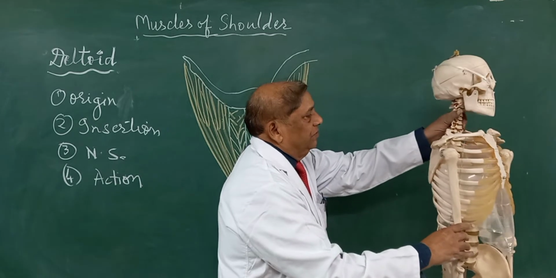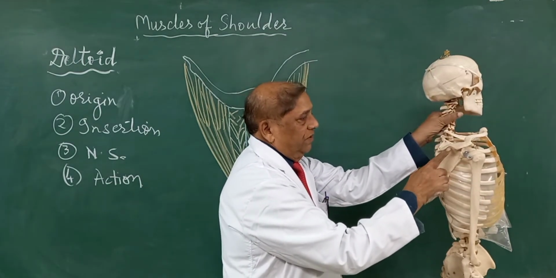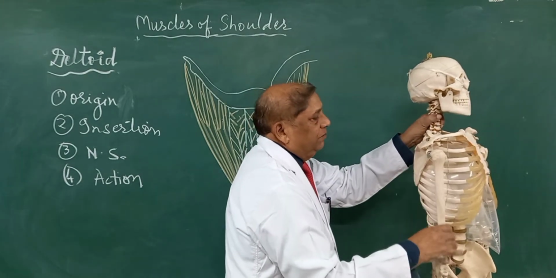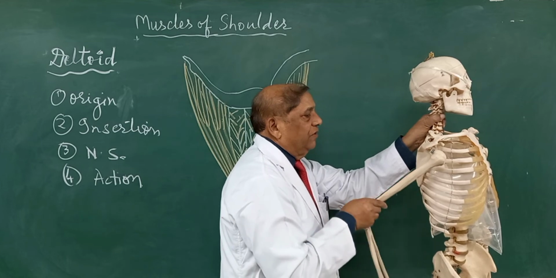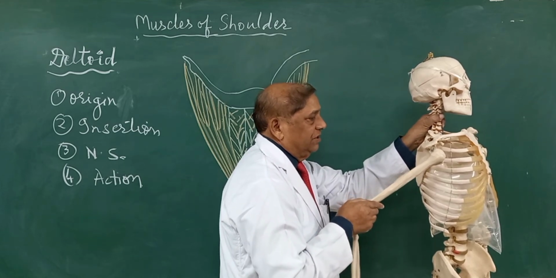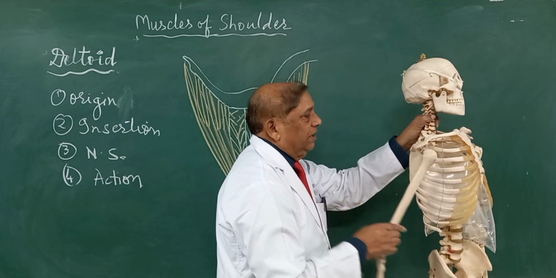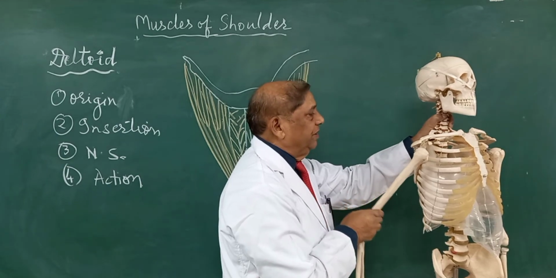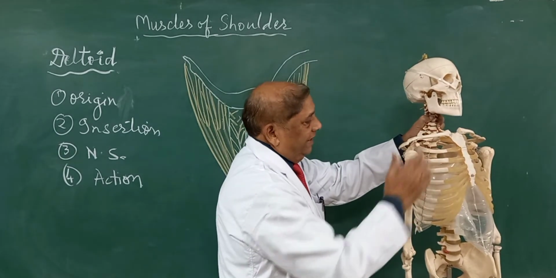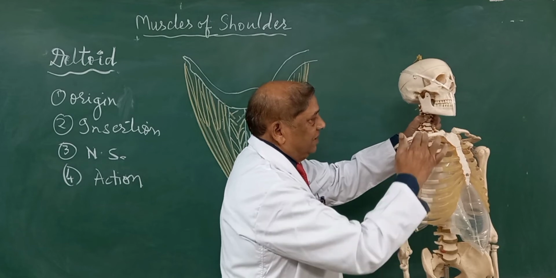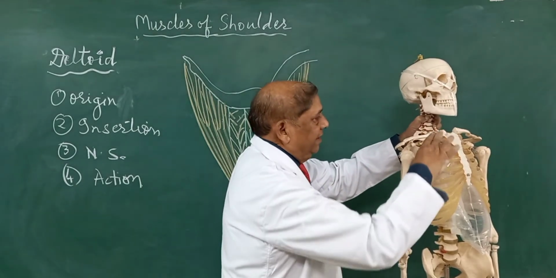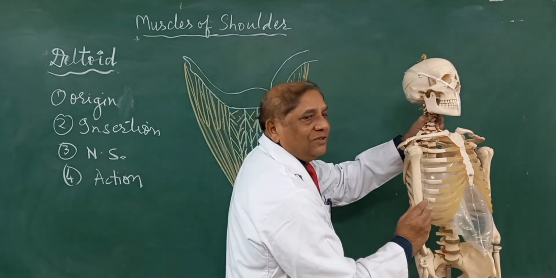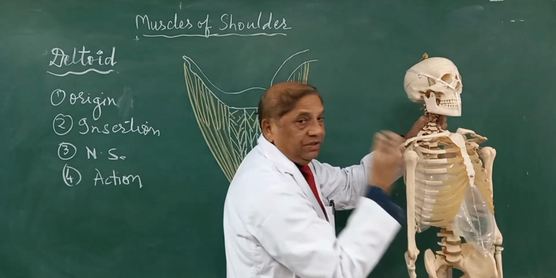And the posterior unipinnate fibers, which take origin from the lower lip of the spine of the scapula, will pull the humerus backward like this, and this action is the extension at the shoulder joint.